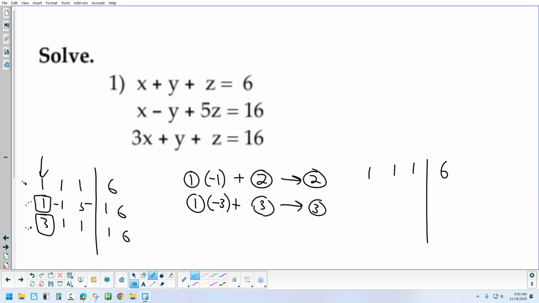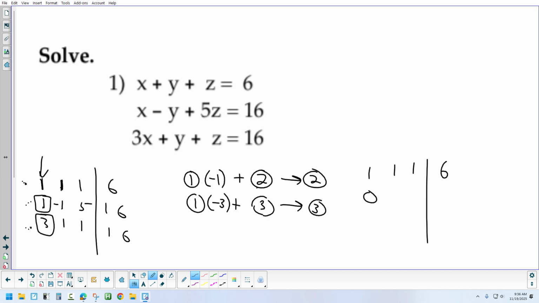All right, now let's do what this says. Multiply row 1 by -1 and add it to row 2. So let's start with row 1. What do you get if you multiply this by -1? -1 plus 1. 0. Do it again. What's this times -1? -1 plus -1.